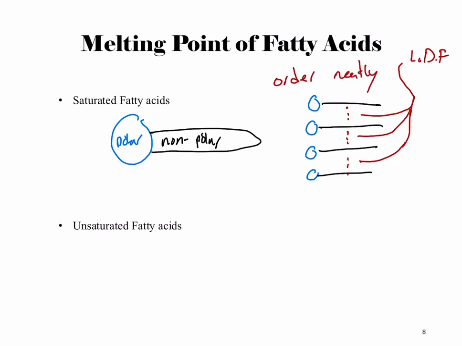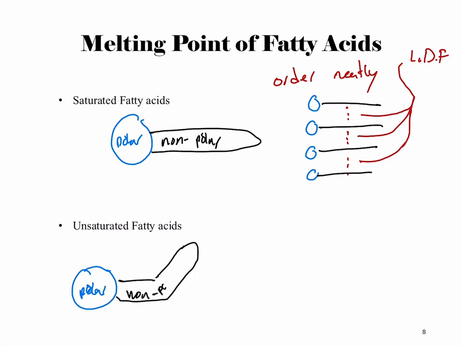So these order neatly. If we have an unsaturated fatty acid, we still have the polar head, and we still have carbons and hydrogens, so we have a nonpolar tail. But now we have a kink in the structure, right?